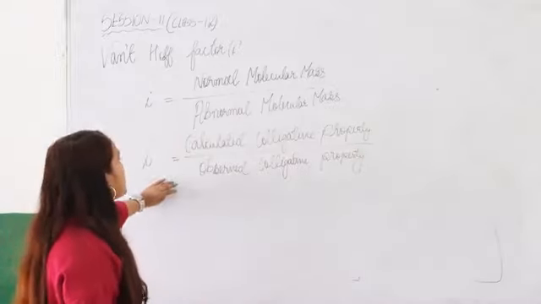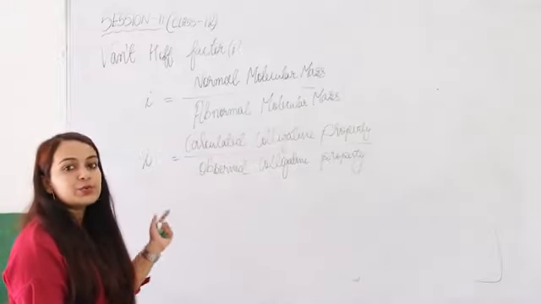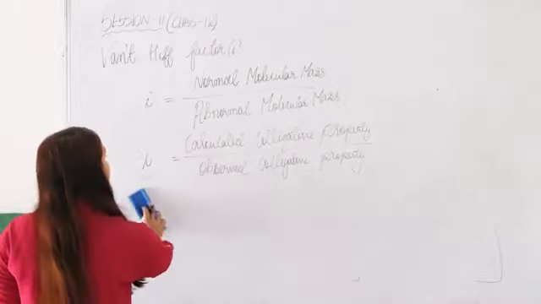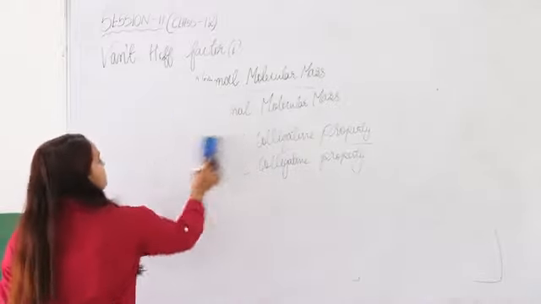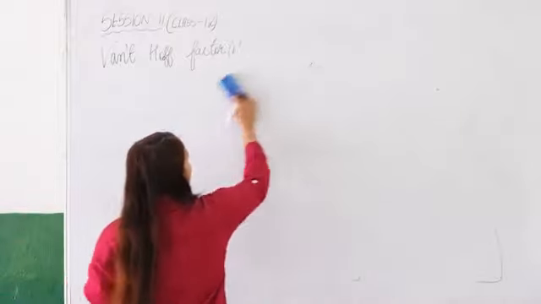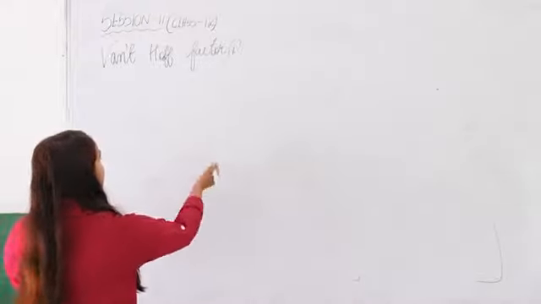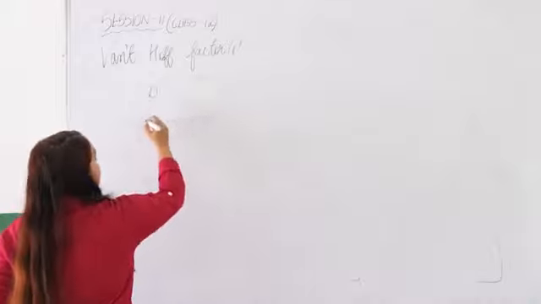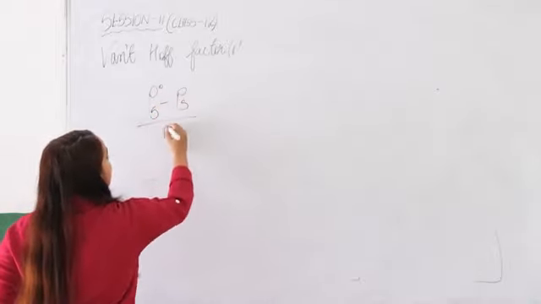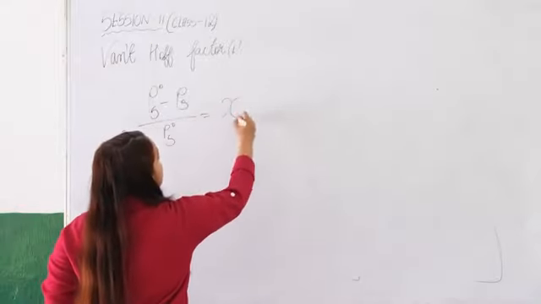Now, in order to calculate the abnormal molecular masses, Vant Hoff factor needs to be multiplied towards the right hand side of the colligative properties. Now, for the first colligative property, which is relative lowering in vapor pressure, given by PS naught minus PS divided by PS naught equal to the mole fraction of the solute.